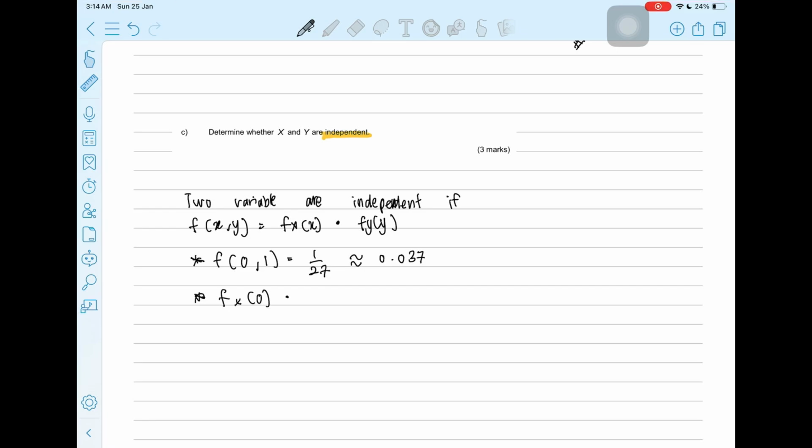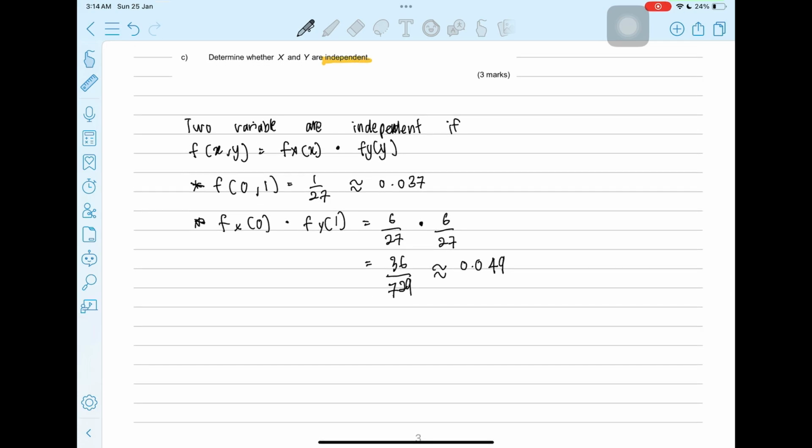Then fx0 multiplied by fy1, 6 over 27 multiplied by 6 over 27, so we get 36 over 729. They are not equal, so x and y are not independent.